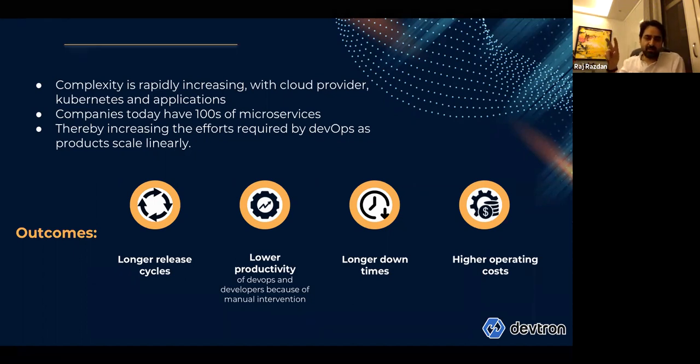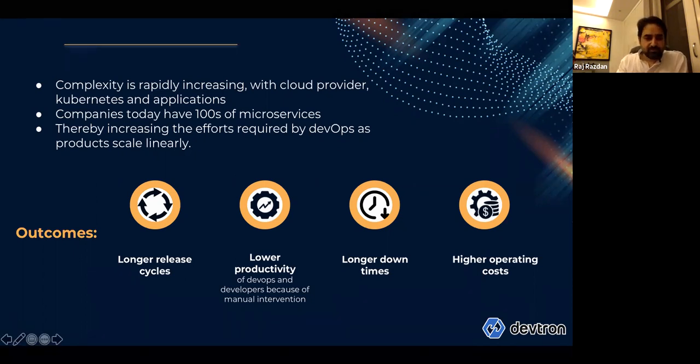There are two elements of the operating costs when you do not have a congruence in the whole supply chain of development, which is you need more people to manage a particular problem, or you throw money at it. I mean, there are only two ways to handle a particular problem: either you throw people at the problem or you throw money at the problem. So in both cases, you're increasing the operating costs by a very high amount.